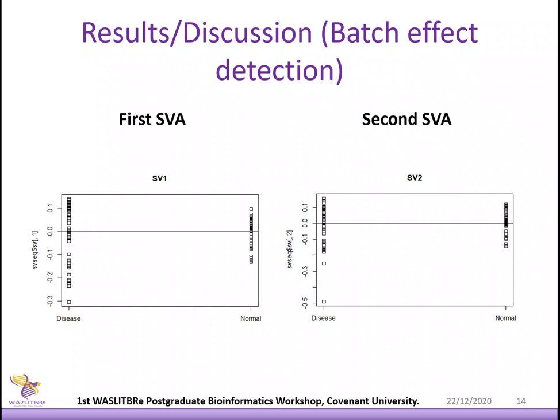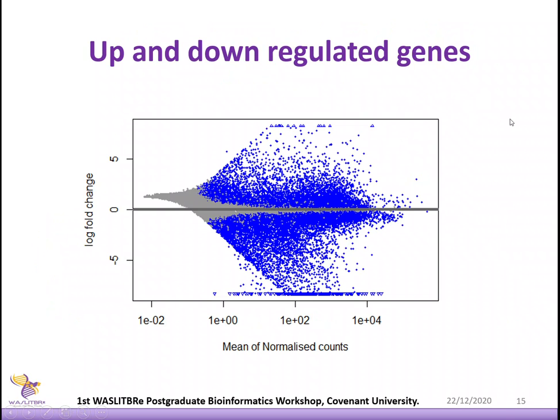So from this chart, it is evident that the batch effects are more profound in disease samples than in the normal samples. Yeah, so we can see that the disease group is more spread compared to the normal sample in both the first set of SVA and the second set of SVA.